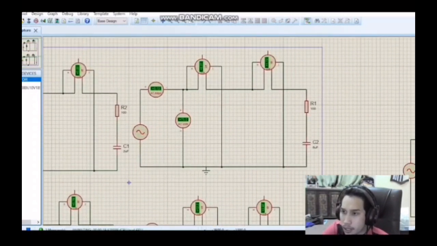Next, for the 6 micro circuit, we got the value for VA is 9.27, and 1.72 for watt.